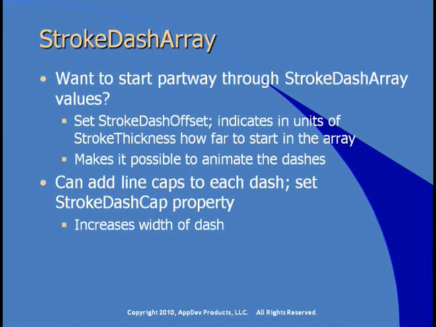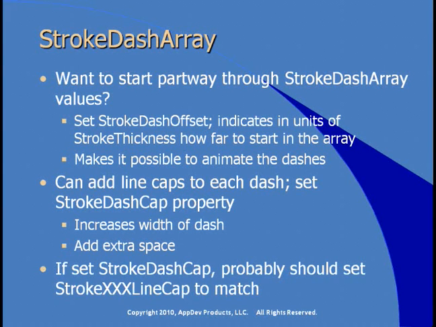This means you have to add extra space to make up for it, and to do that you probably want to modify the space portion of your stroke dash array to give you more space to work with. If you set the stroke dash cap property, you should probably set the stroke start or end line cap to match, so the end or the beginning of the line matches all the dashes in the middle. Well, that's a lot to think about. So let's look at a bunch of examples that define some dashes in an example.